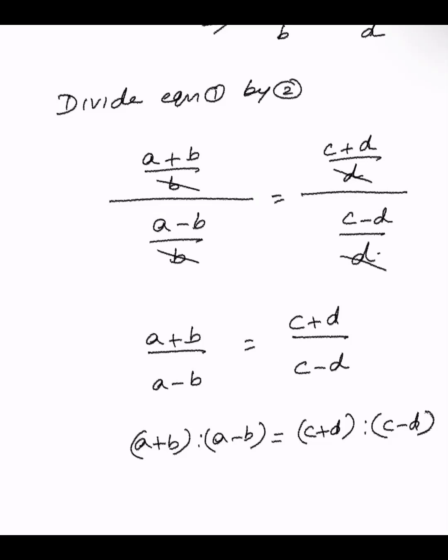Now alternando, A is to C equal to B is to D. By componendo, A plus B is to B equal to C plus D is to D. Dividendo, A minus B is to B equal to C minus D is to D. Now what is componendo and dividendo? That will be A plus B is to A minus B equal to C plus D is to C minus D.